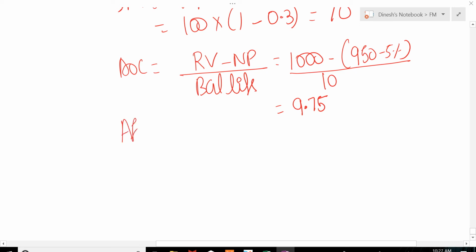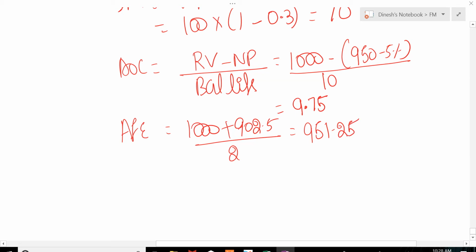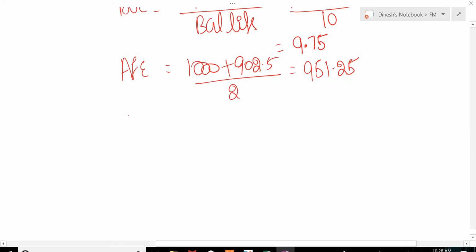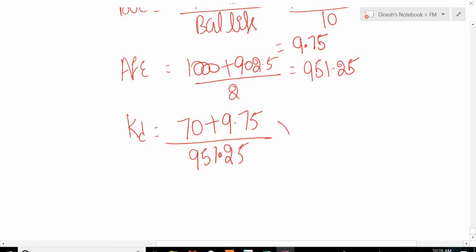Then average funds employed. How much? 8.38.